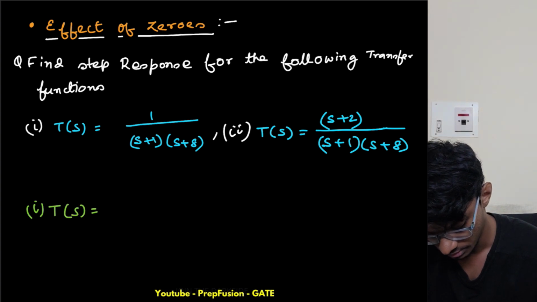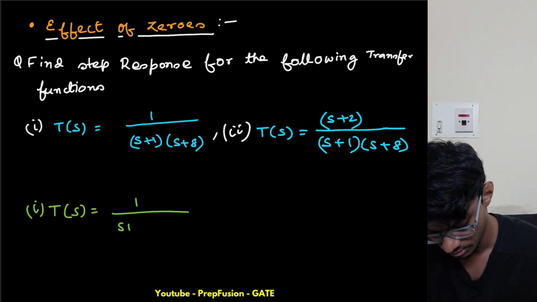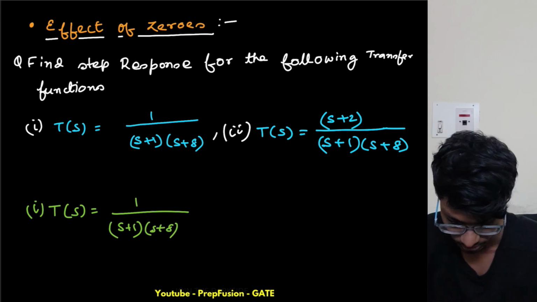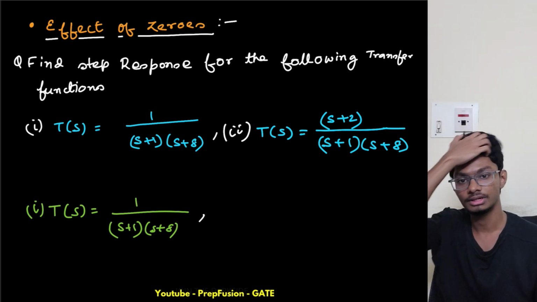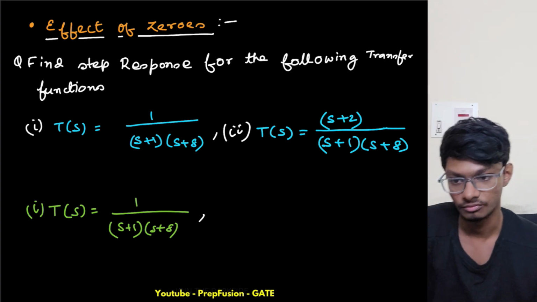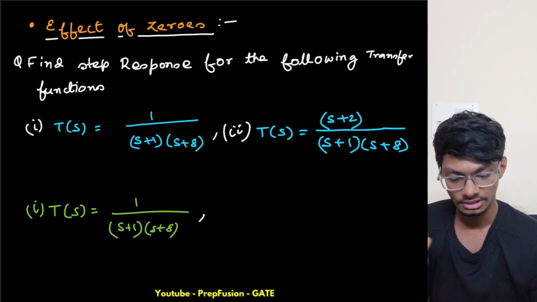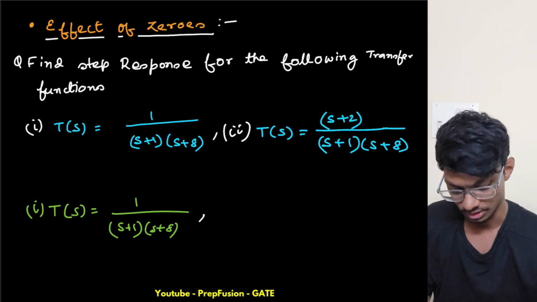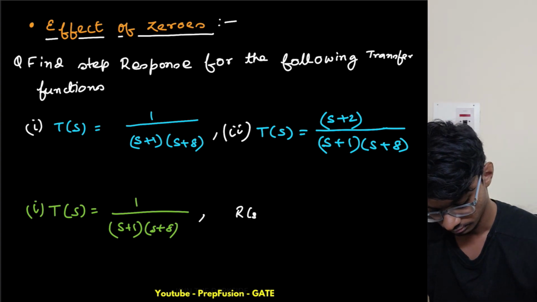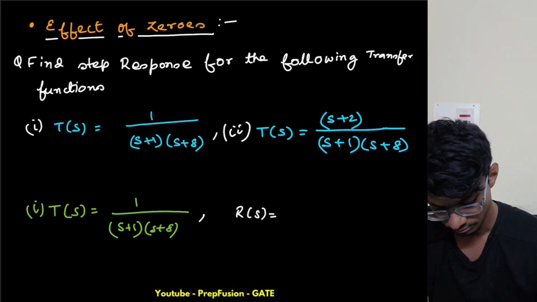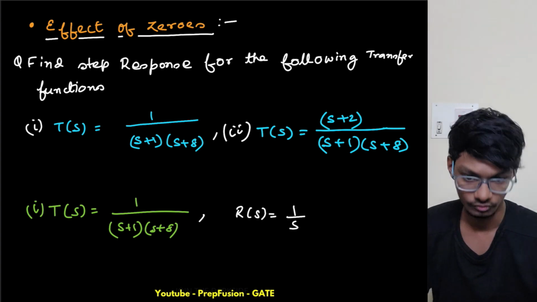For the first one, my transfer function is this one, right, 1 by (s plus 1) into (s plus 8), okay. So basically it will become C by R of s, whatever output you want to say, so I will say C by R. So R of s is 1 over s, okay.